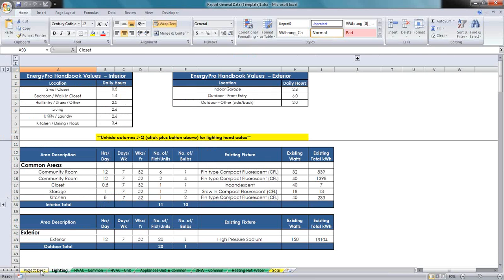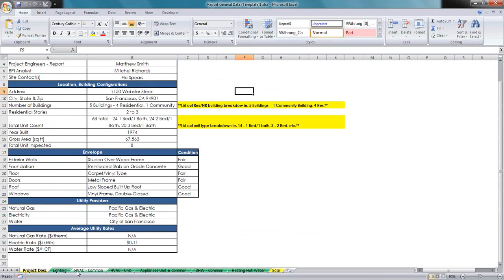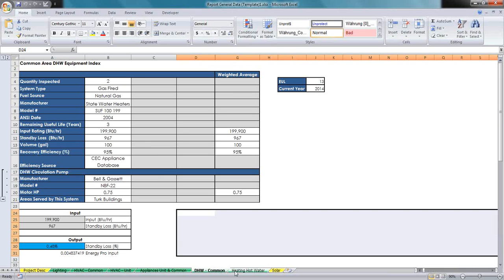So, we have basic project description, lighting, HVAC in common areas, HVAC in the units, appliance unit in common area, domestic hot water in common area. There's quite a bit of information everybody knows that we need to collect on site, and it's very important that we can keep that information and be able to give it back to whoever's reviewing our information, our models, so they can find out where we got this.